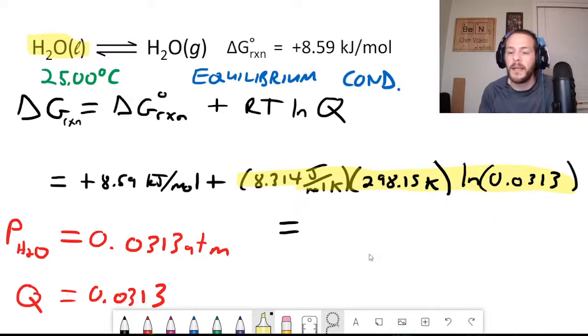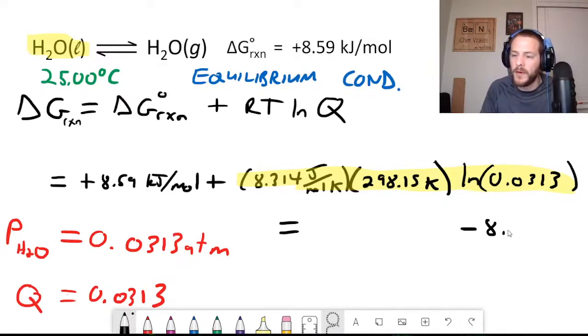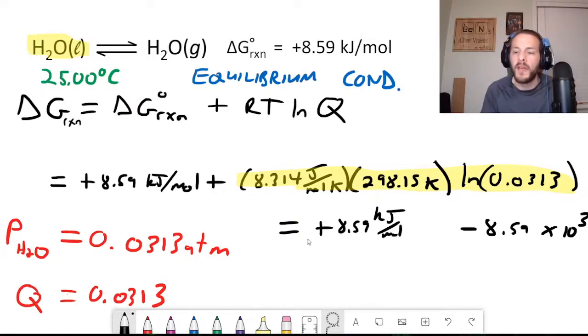If you plug that into your calculator, that is going to be minus 8.59 times 10 to the third joules. So we have plus 8.59 kilojoules per mole, and that's joules per mole.